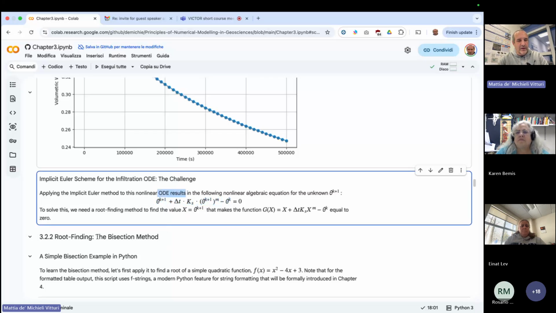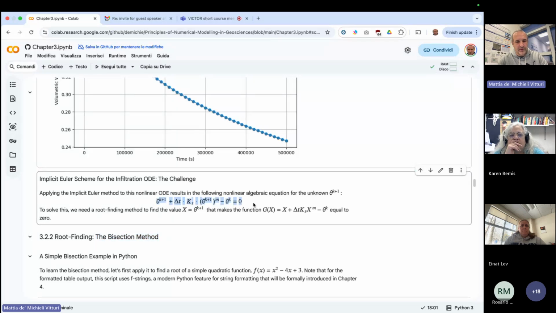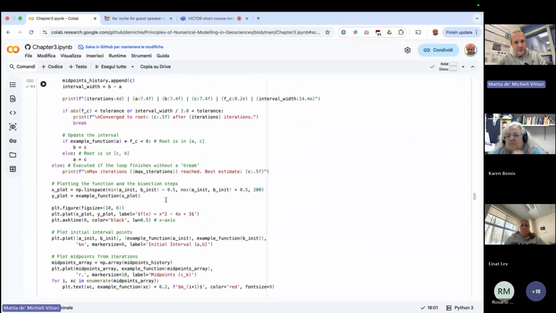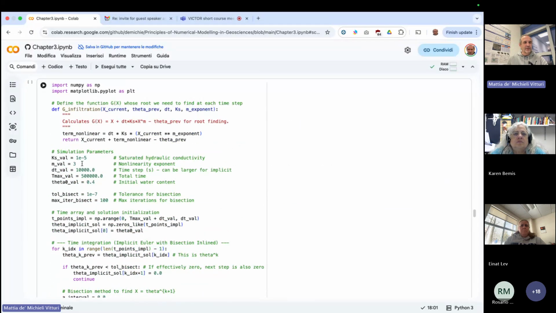So we can combine now the bisection method with this scheme. So that means that at each time step, we obtain an equation of this form. We will use the bisection method to find the new value, and we will iterate in order to obtain the solution with the implicit method.